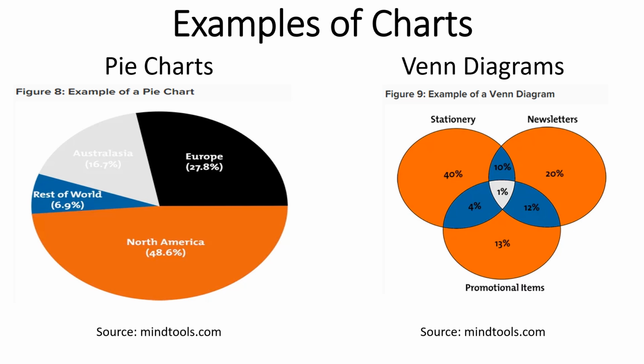Examples of charts include pie charts, which give percentage proportions of an entire total, and Venn diagrams, which are used to determine certain overlaps between certain data sets.